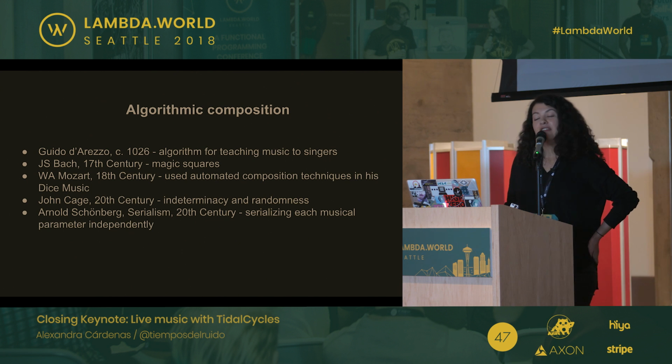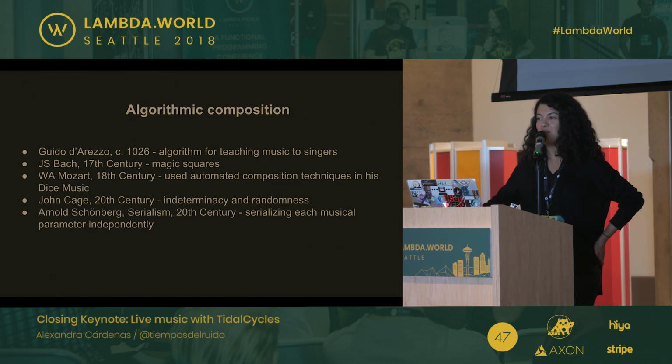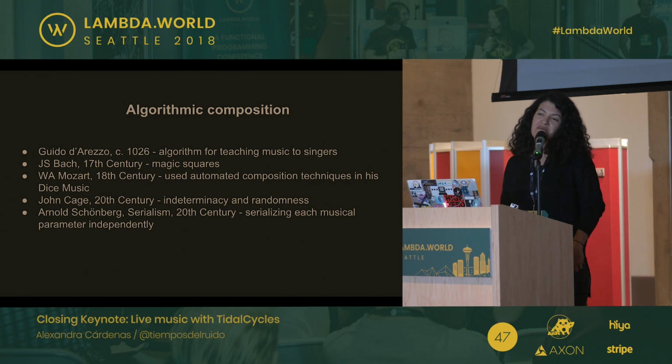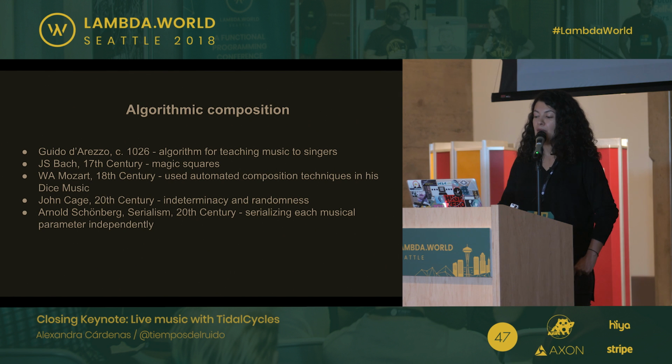So I want to mention a little bit about algorithmic composition. This is a big subject, so I'm going to name some important names to keep in mind. Of course, since the Greeks, and even before that, music is mathematics, so we can describe music algorithmically, and it has happened since the beginning, right?